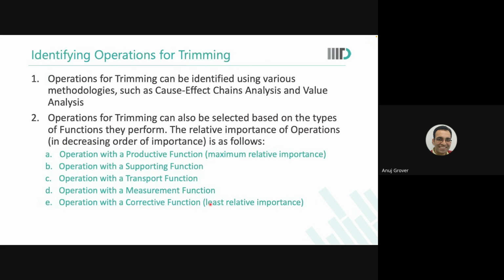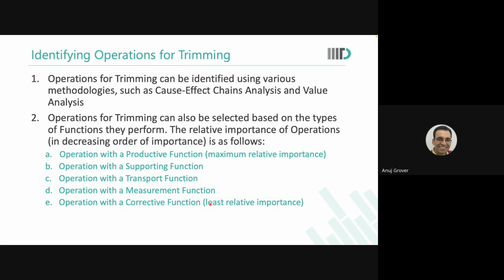So, how to identify operations for trimming? Just like we said earlier, components which are leading to functions of key disadvantages should be trimmed. Here also, cause-effect chain analysis is a way.